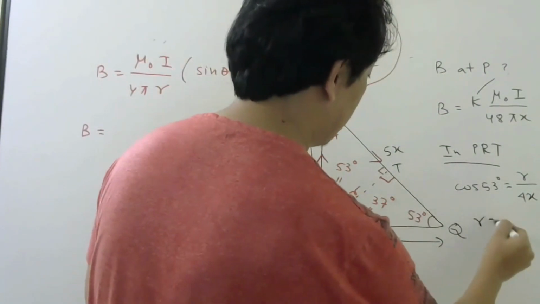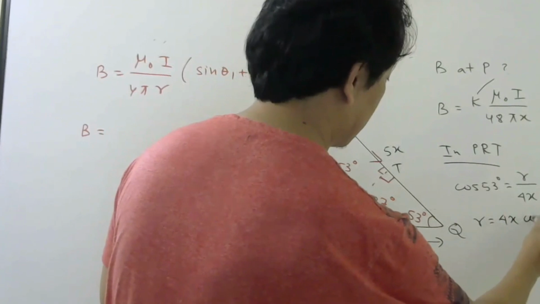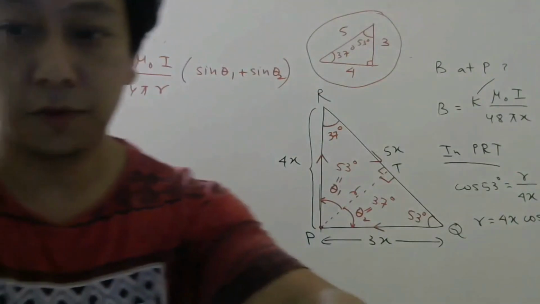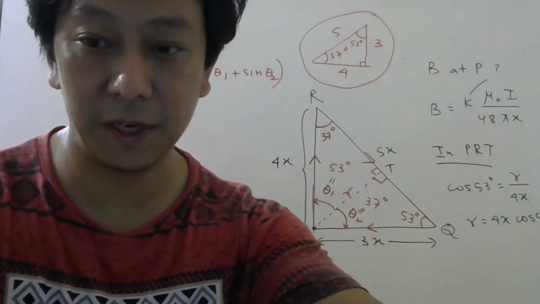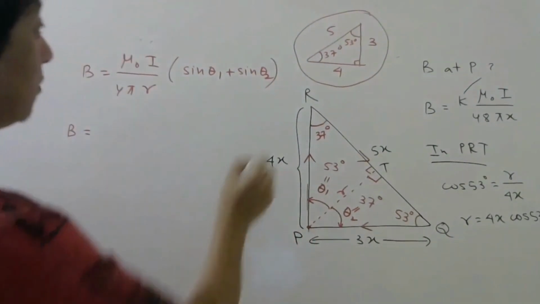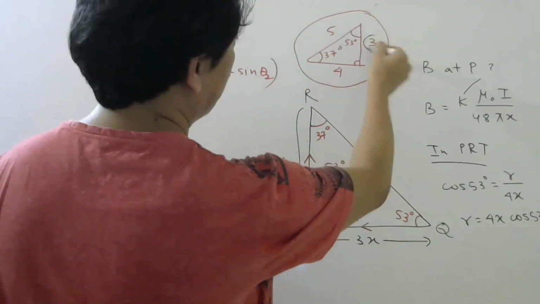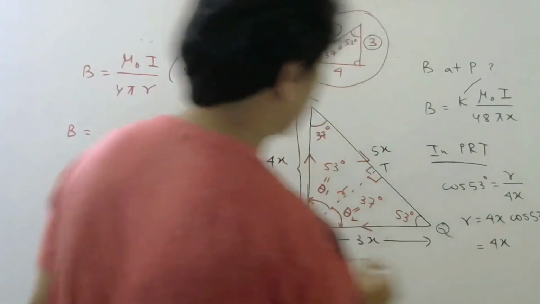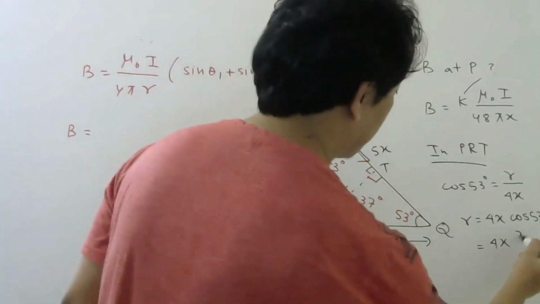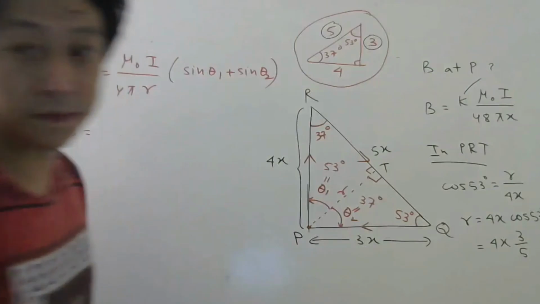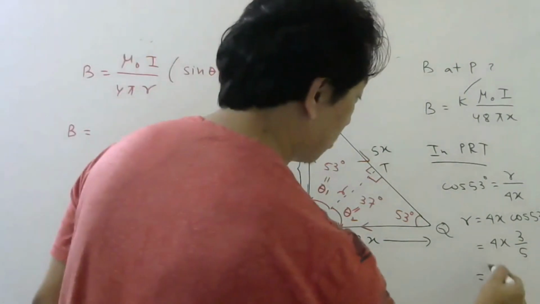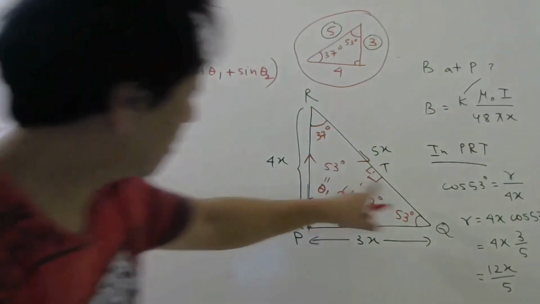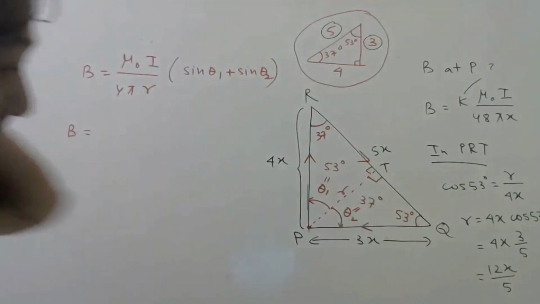So R will be 4x cos 53. Correct? 4x cos 53. Check once carefully. So cos 53 you can find from here. Adjacent is 3, hypotenuse is 5. So 4x cos 53 will be 4x times 3 by 5, so that will be 12x by 5. Try to use the other triangle, and you must get the same answer.